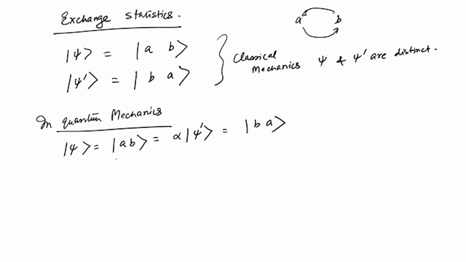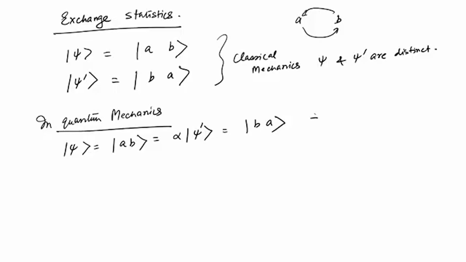And you know that in quantum mechanics, if you multiply a state or a ket by a constant factor, then the state does not change, because for getting a new state, that state has to be orthogonal with respect to the earlier state, and they have to be linearly independent, and clearly this is not linearly independent.